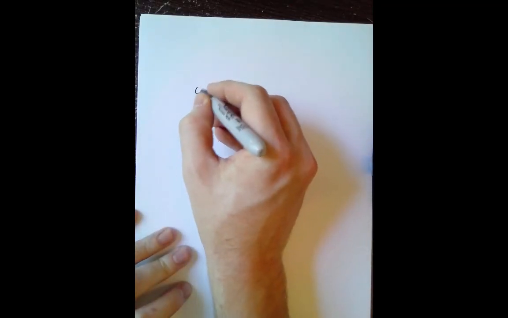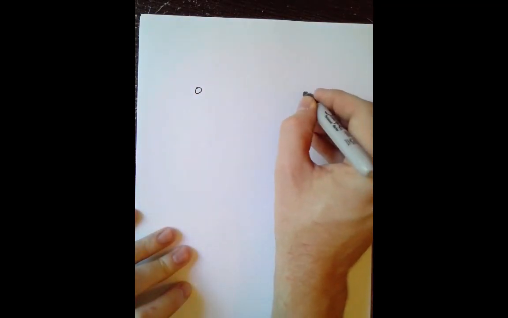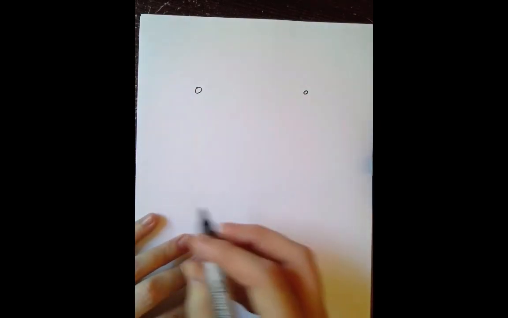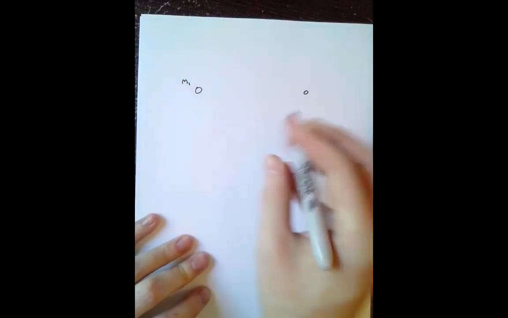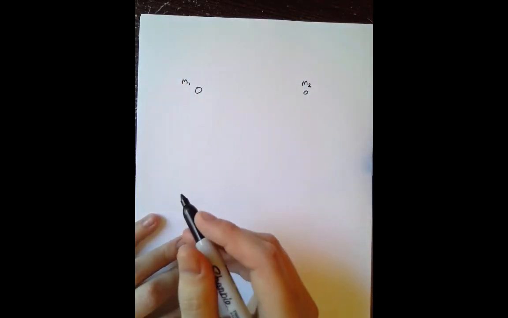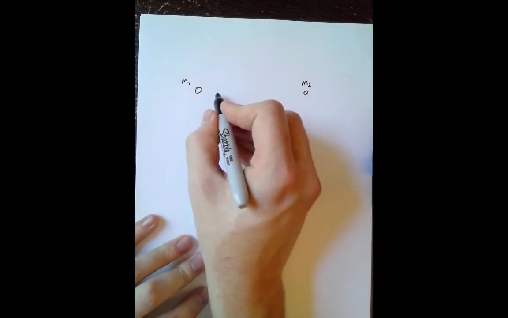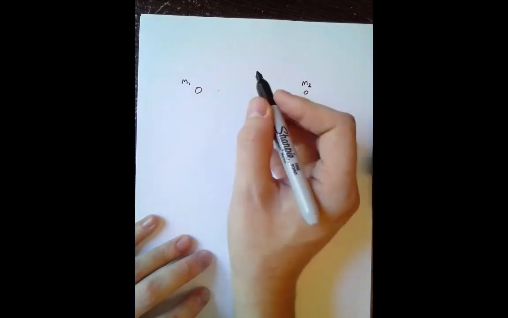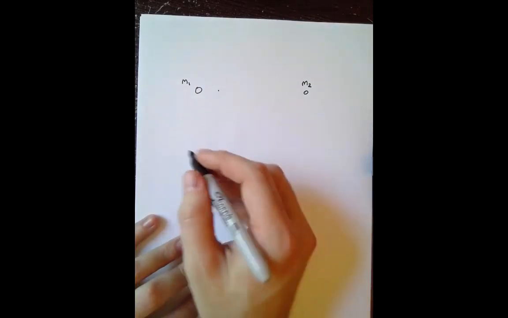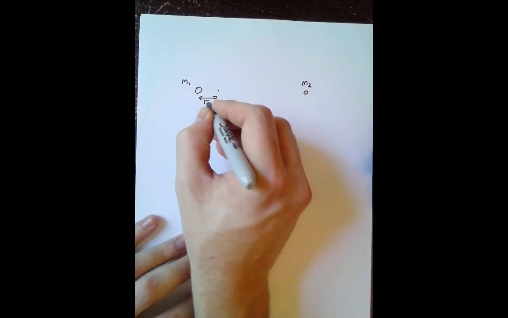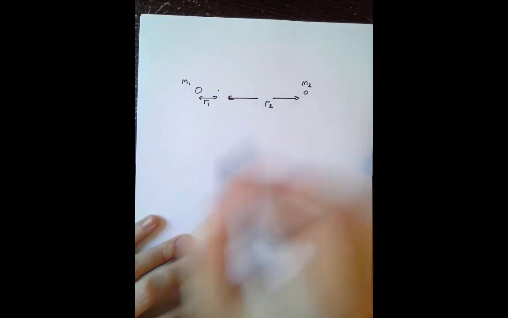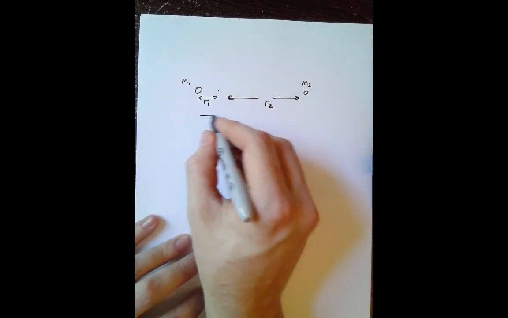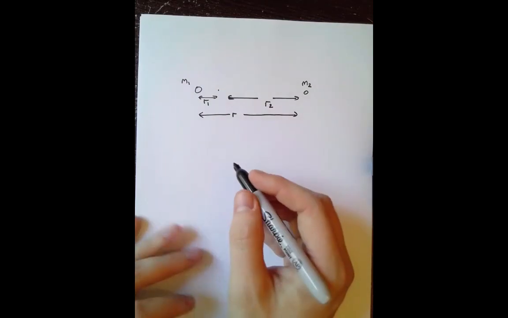So we're dealing with two objects in orbital motion. And let's say this has a mass m1, this has a mass m2, I'm labeling the objects 1 and 2. Then the center of mass is defined as the point between them that is a distance r1 from the first object and a distance r2 from the second object, and the total distance we'll call r.